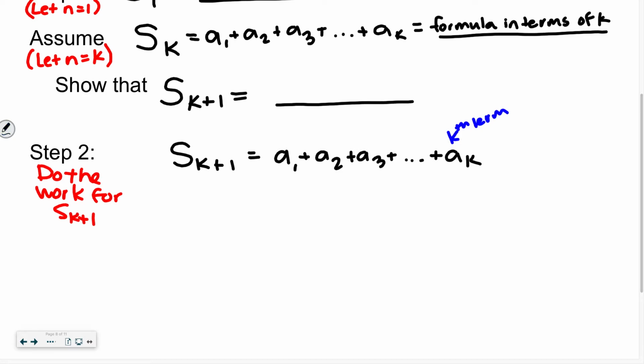But if I stop at a sub k, that's only the kth term, and I'm trying to do S sub k plus 1. So this is where I've got to create this. I've got to find the next term, which would be a sub k plus 1. Okay, so I'm going to put this one in red, plus a sub k plus 1.